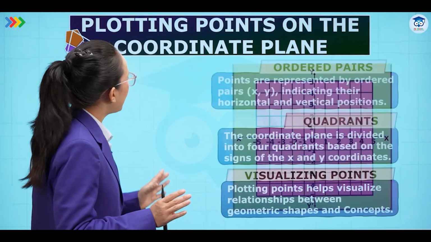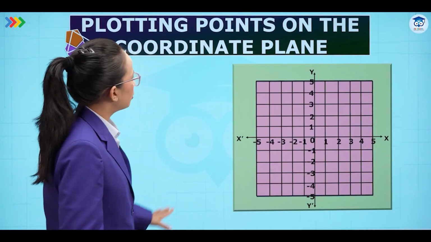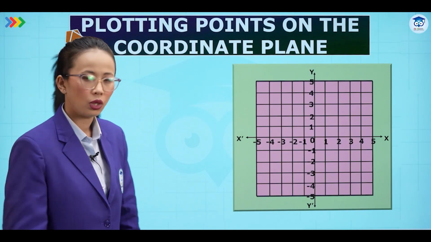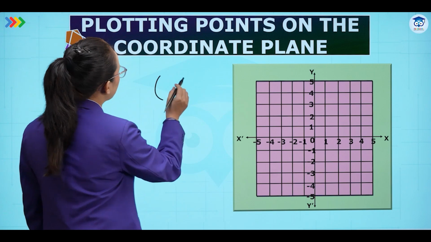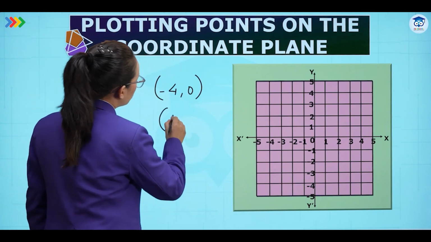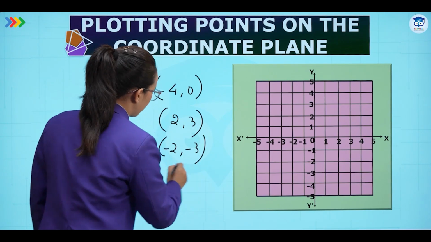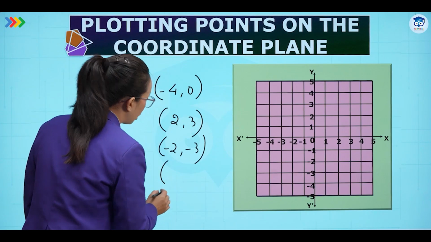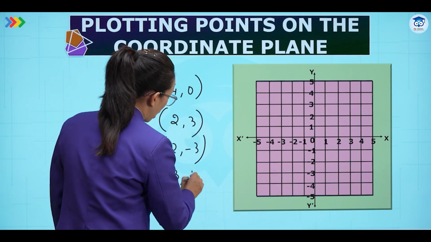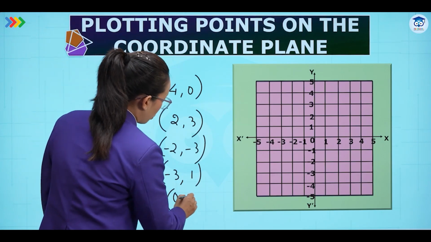Next, this is a Cartesian plane, right? So let us learn how to plot a point. Let us consider a few points. Suppose -4, 0, 2, 3, -2, -3, and -3, 1, and then 0 and -2.